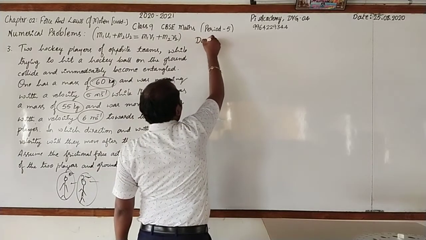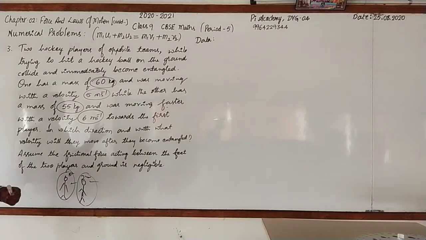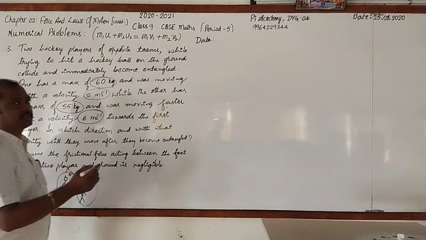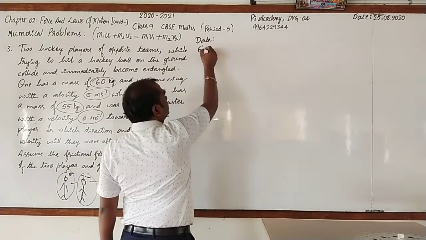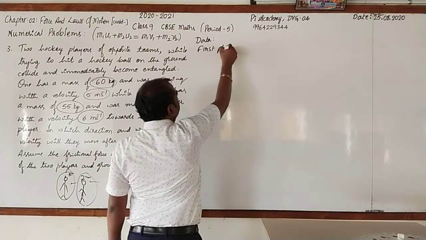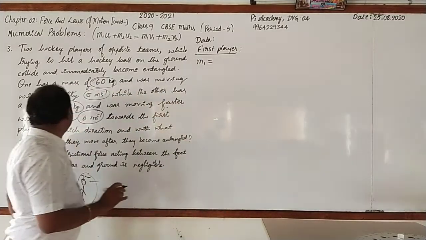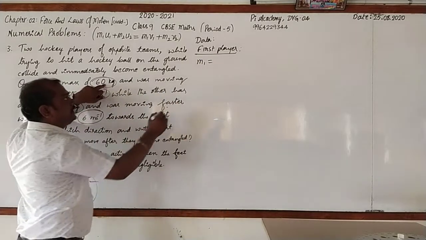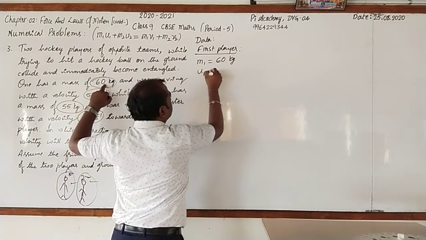Now please write the data with me. Here they are given two objects, two players, and both are of opposite teams. I'll take the first and second player, means a player of first team and a player of second team. First player. Then what is his mass? I call it as M1. His mass is 60 kg. And he is moving with a velocity U1.